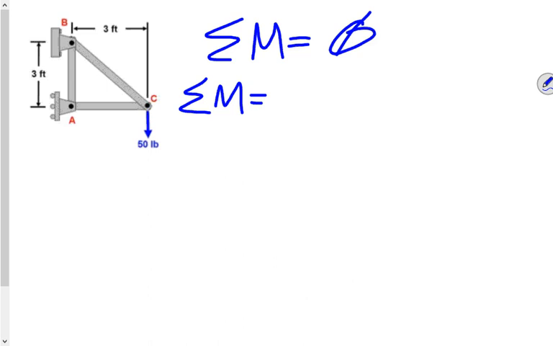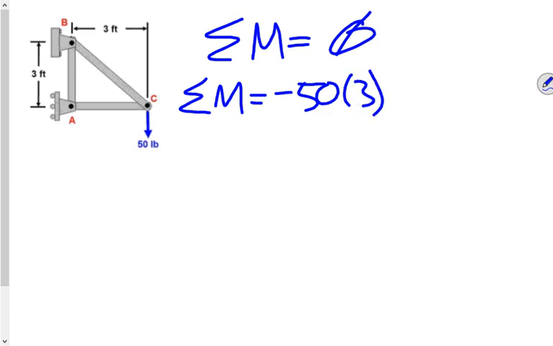Using the right hand rule, with your thumb, it's going to go clockwise. Rotating your hand would give you thumb down, so that's negative. So you have a negative, and then it's going to be 50 times the perpendicular distance, which is going to be 3.